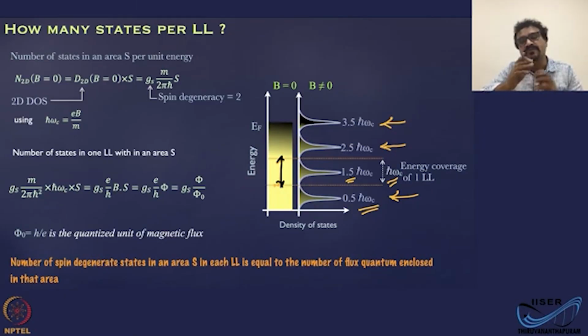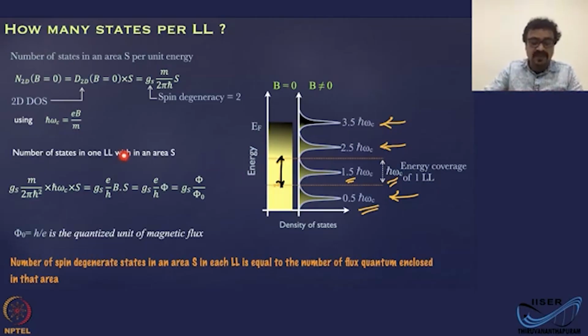So don't confuse the Landau level and the actual electron orbital. Electron orbits in the real space, but the Landau level is in the K space. That is a subtle point you have to be careful about.